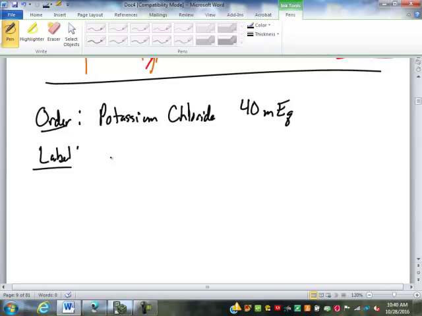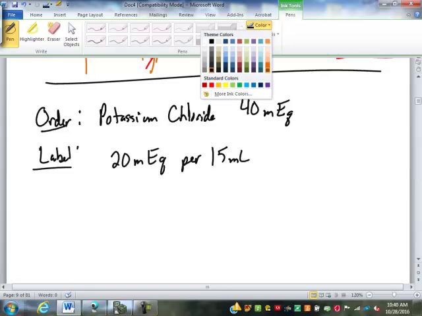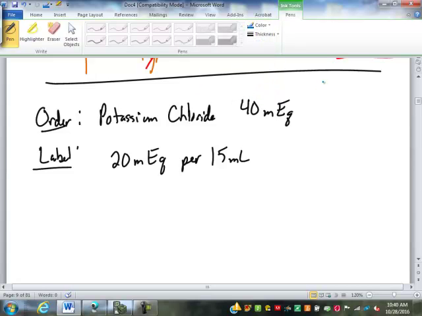It really doesn't matter, because what we're looking at is on the label, we have 20 milliequivalents per 15 milliliters. So how big a milliequivalent actually is doesn't really matter. It is a unit of mass, by the way, kind of like a milligram or a grain.